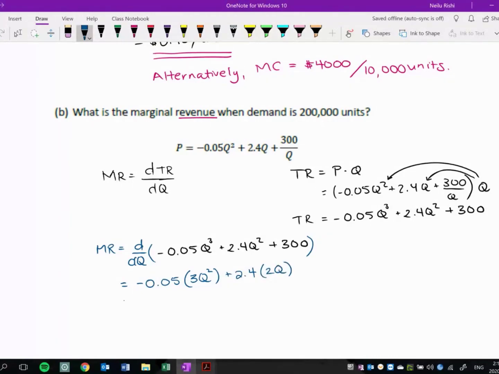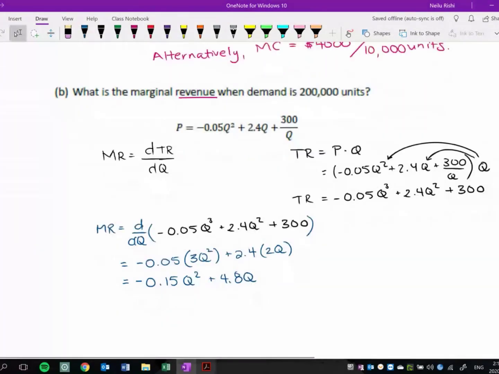This works out to negative 0.15 Q squared plus 4.8 Q. So there I have the equation for my marginal revenue. And what is this going to be when we have 200,000 units? So that's going to be Q is equal to 20 again.